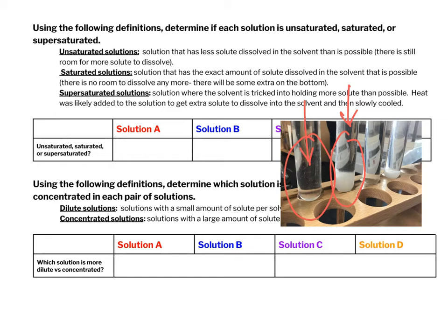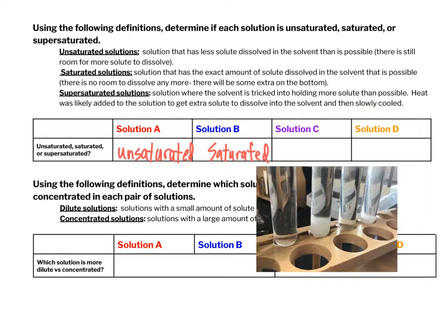So let's say that solution A is unsaturated and solution B is saturated. For solution C and D, same thing. C is clear and could probably dissolve more, and D has some stuff on the bottom, so it's saturated.